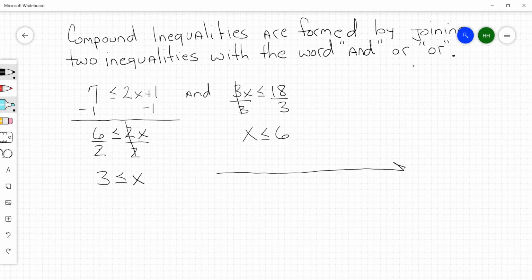So on your number line, follow the rule that we talked about earlier this week. We can put 0 on the number line, we can put 3, and we can put 6. Now, 3 less than or equal to x. It's "or equal to," so we're going to close the circle on the 3.